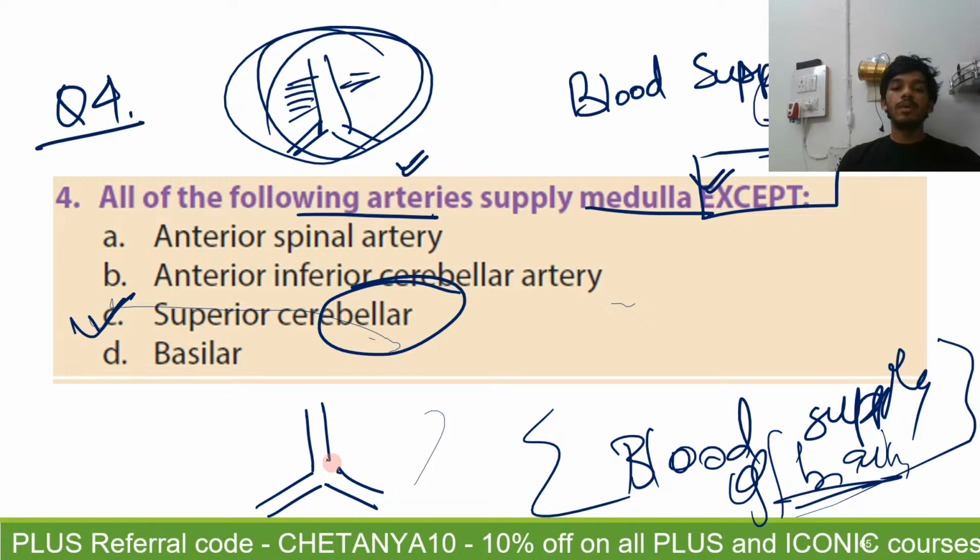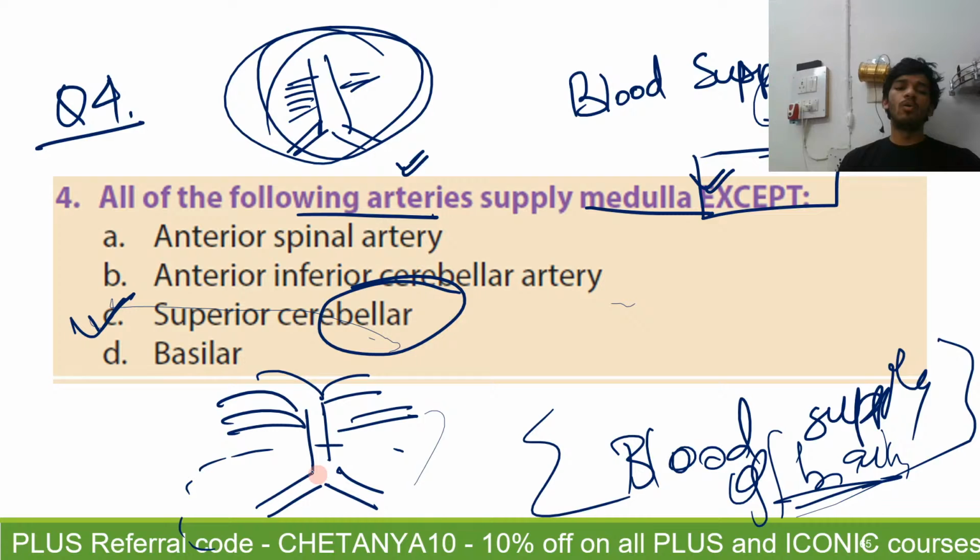They were giving your basilar artery, and this was dividing into the posterior cerebral artery and the superior cerebellar artery. But the medulla is present somewhere below. Here the pons comes, above is the midbrain. So the medulla is present below, so it cannot be supplied by the superior cerebellar artery because it is very distant from where the medulla is present. Obviously, the answer will be C.